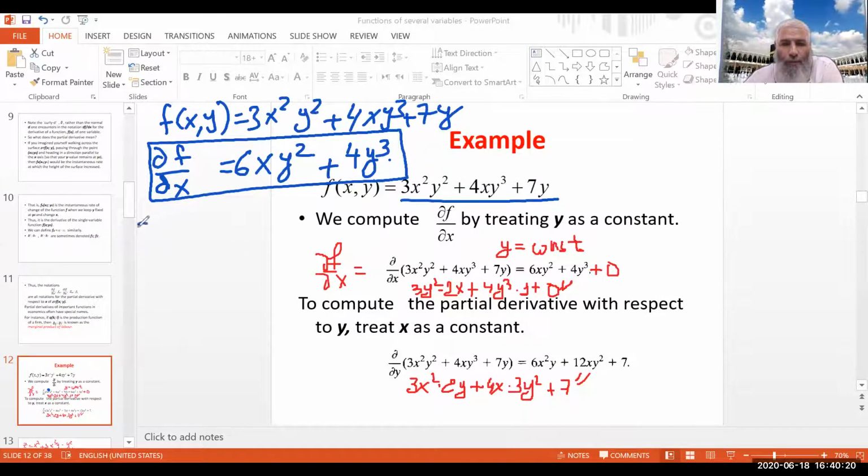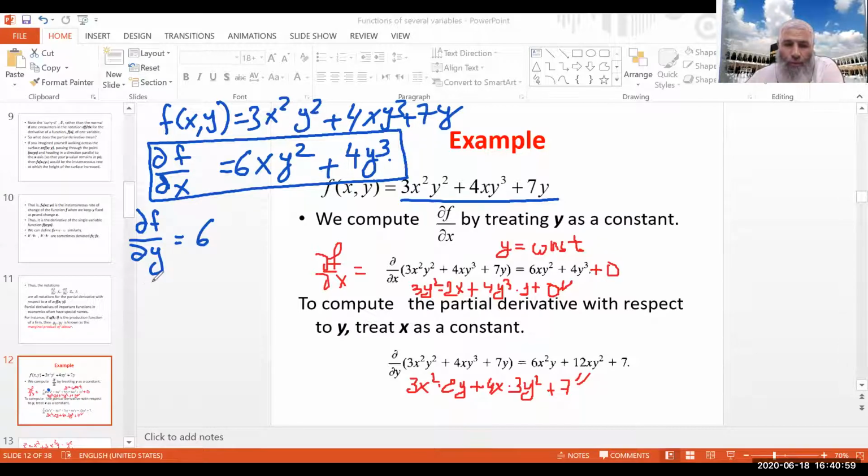Again, we need to calculate df/dy, not df/dx. So for 3x squared y squared, the derivative of y squared is 2y, and 2 multiplied by 3 is 6.